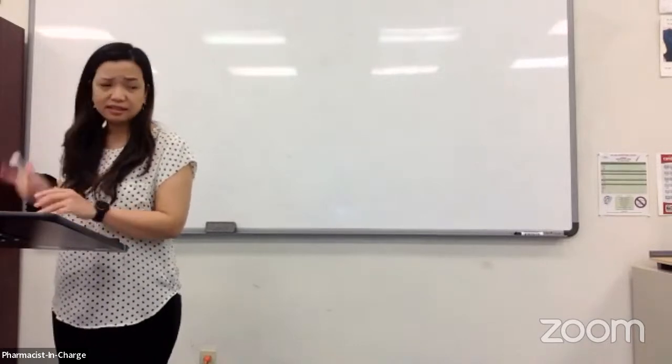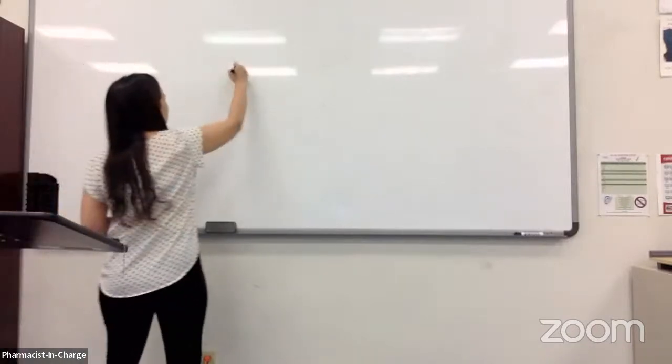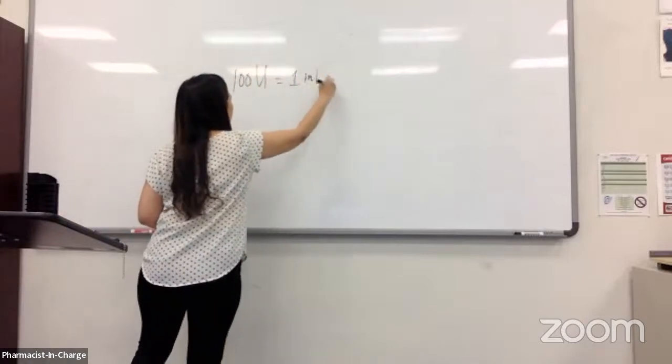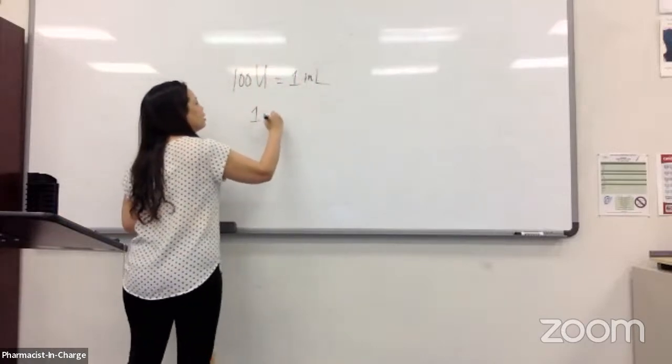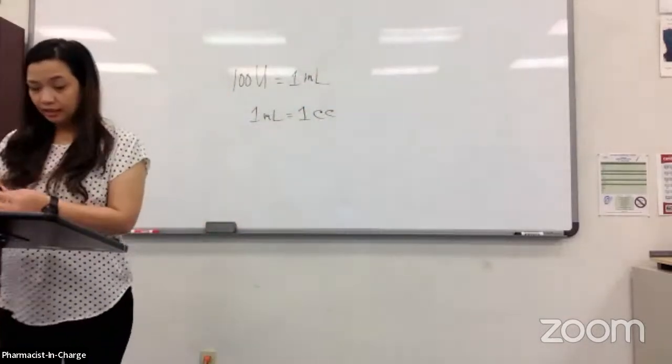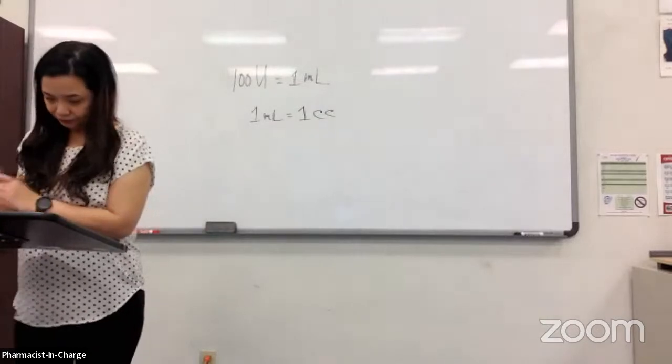Quick check. How do you calculate insulin? What's the conversion factor? It will always be 100 units is 1 ml. And know that 1 ml is the same as 1 cc. Okay, let's do some practice.